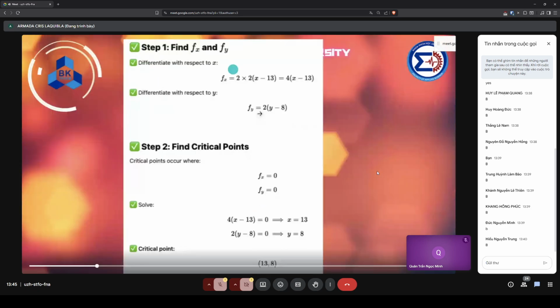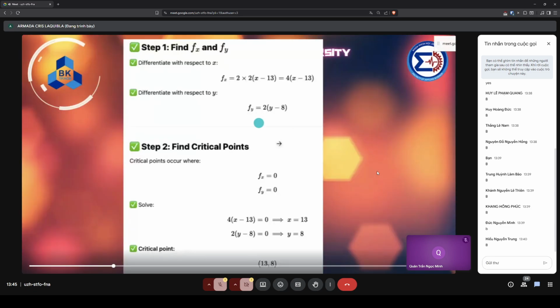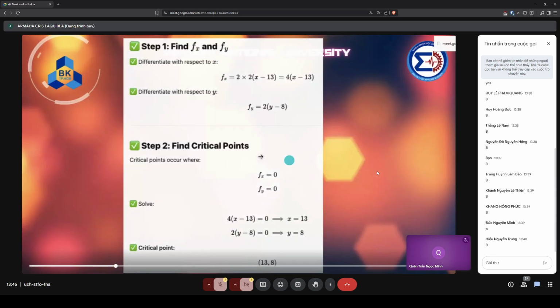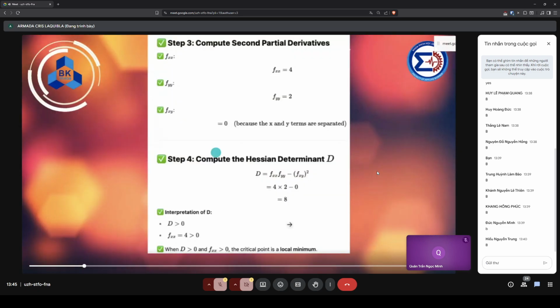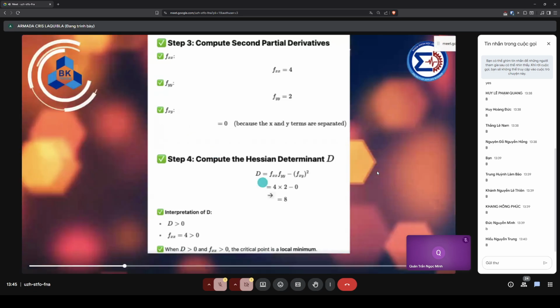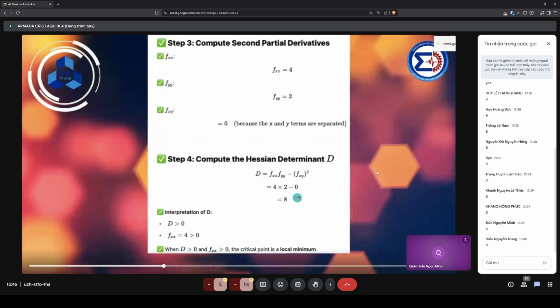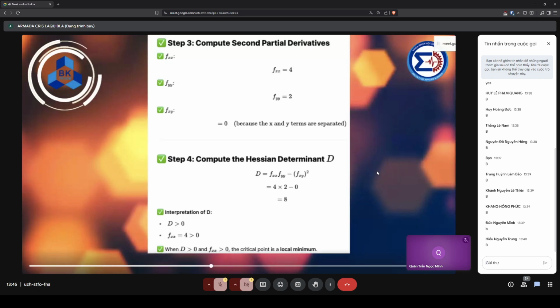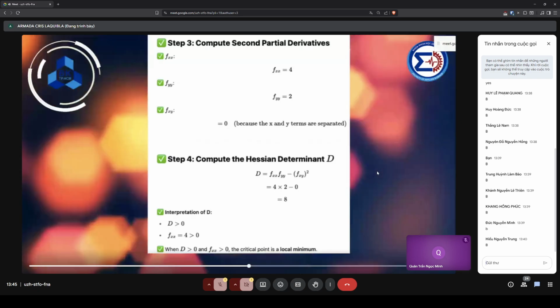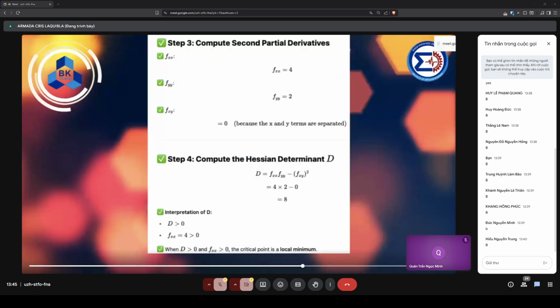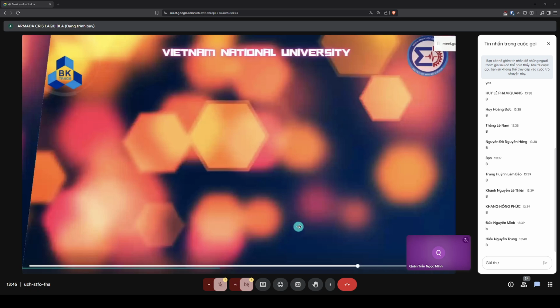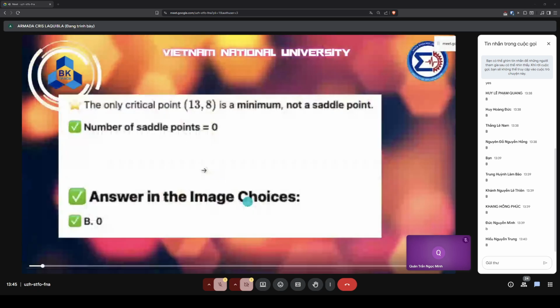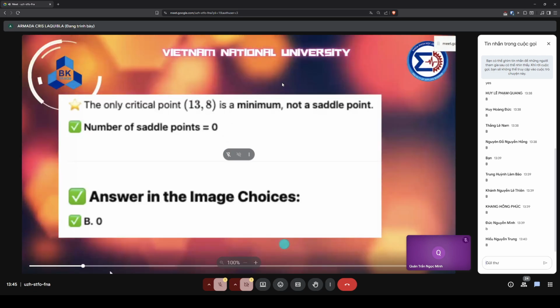After the fx and fy, you do the fxx first, fyy and fxy, and then the d. Okay? Now, if you see the d is always positive, so that's it. Automatically, you have to realize that if it's positive, it's either local minimum or local maximum. So it's impossible now to get a saddle point, and then you will say that the number of saddle points there is 0. So the answer is letter B, 0.